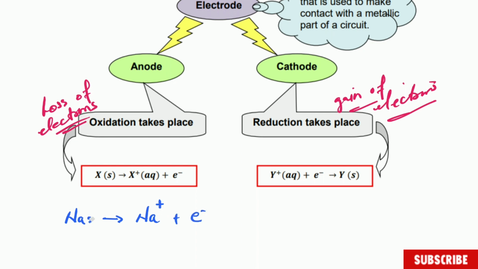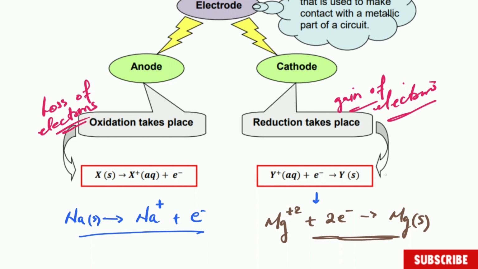In the other case, when another substance gets reduced, for example the magnesium ion, positive 2, plus 2 electrons will become solid magnesium. This is just for you to know more or less how the reactions are written for the anode and the cathode. We're going to speak about this later on.